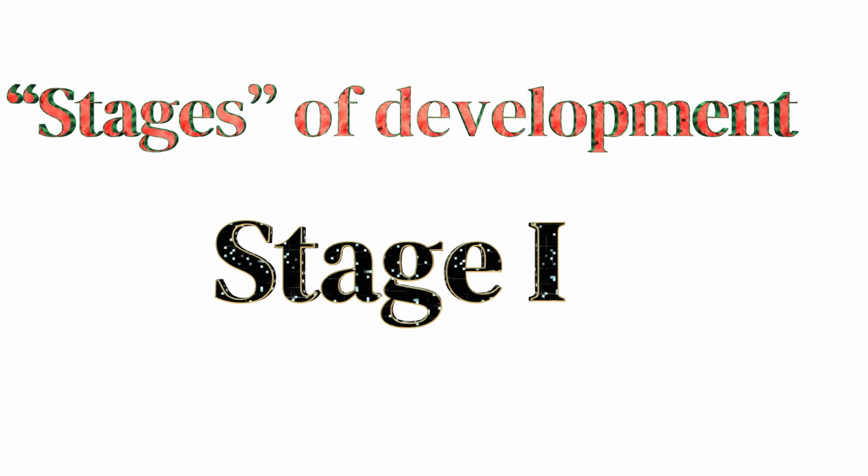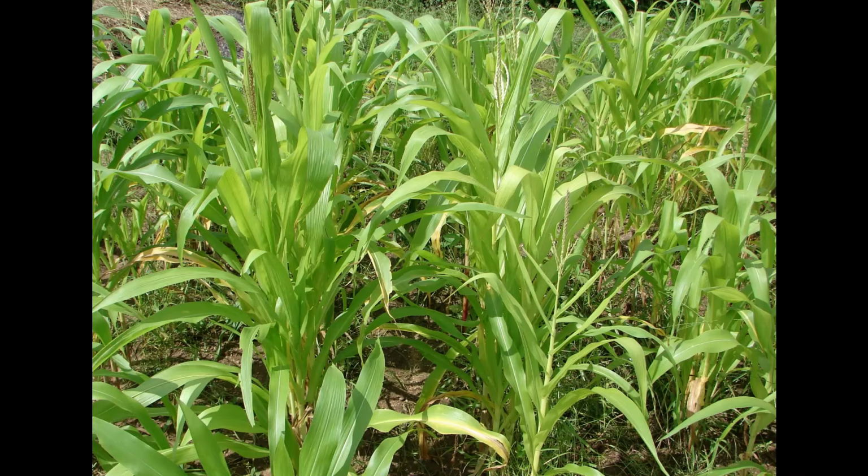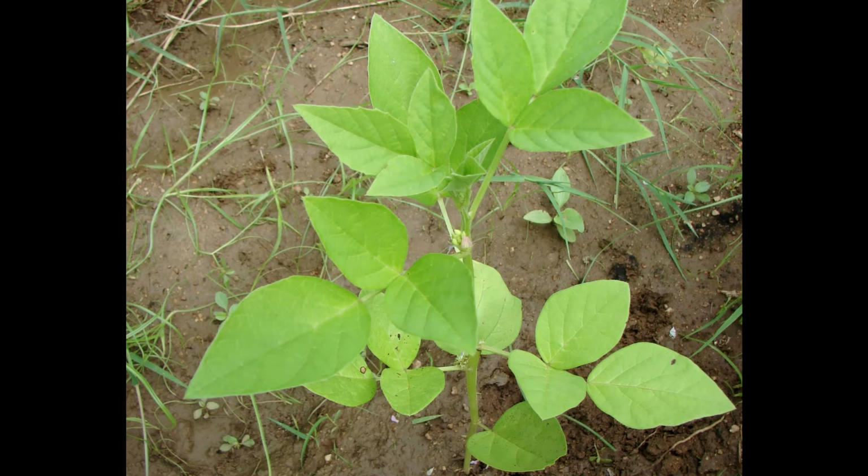Stages of development. Stage first. In mild deficiencies, the entire plant appears uniformly light green in color.